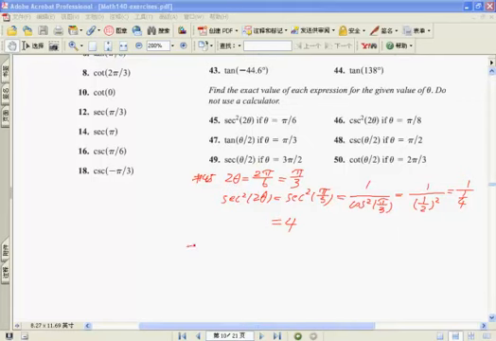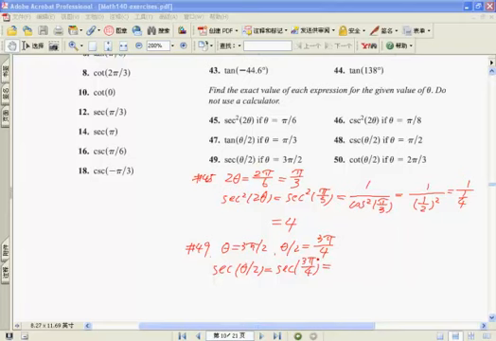Now let's look at 49. Theta is equal to 3 pi over 2, and we need to find the secant of theta over 2. So first, theta over 2 is equal to 3 pi over 4. So secant of theta over 2 is equal to secant of 3 pi over 4.